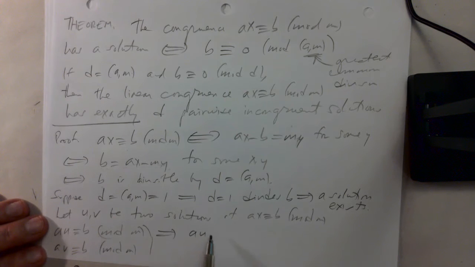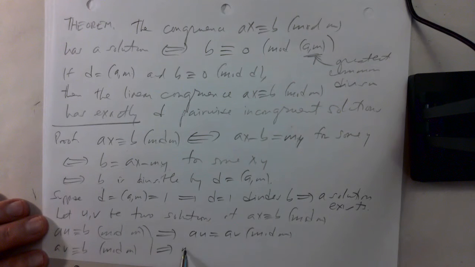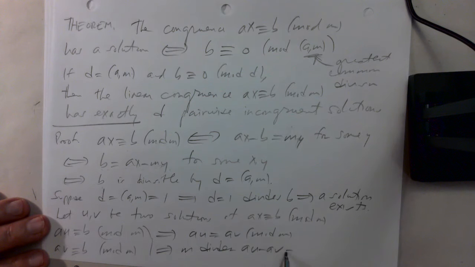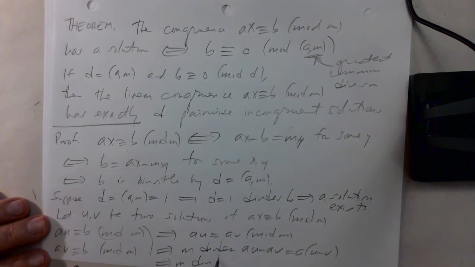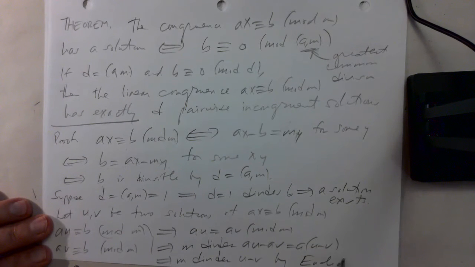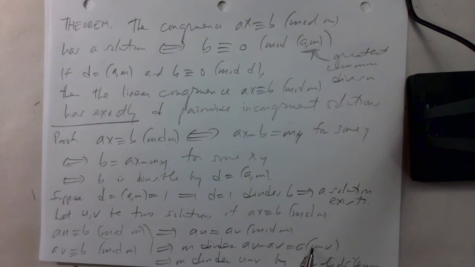This implies AU is congruent to AV mod M, which means M divides AU minus AV, which is A times U minus V, which implies M divides U minus V by Euclid's lemma. Euclid's lemma says that if M divides a product of two integers and it's relatively prime to one, it divides the other. So M is relatively prime to A. That's the case we're in.